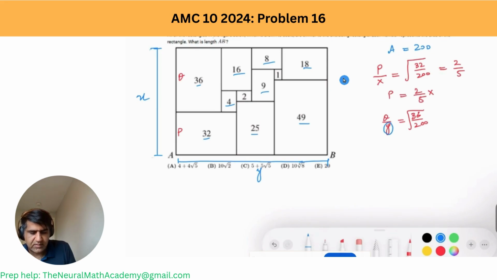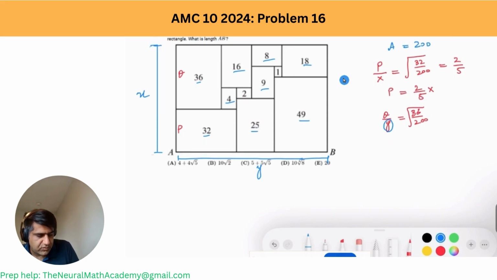So q is the larger length and y is also representing the larger length. That's why we are writing q over y equal to 36 over 200. And if we solve this, we get 3 square root of 2 over 10, or we can say that q is equal to 3 square root 2 over 10 y.